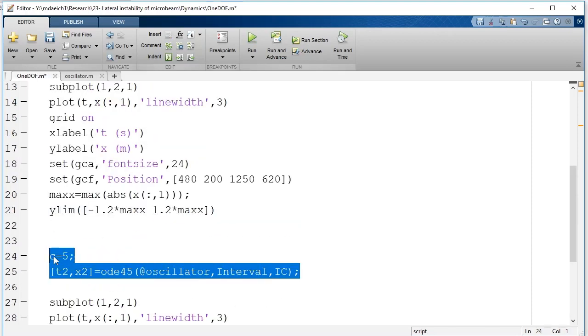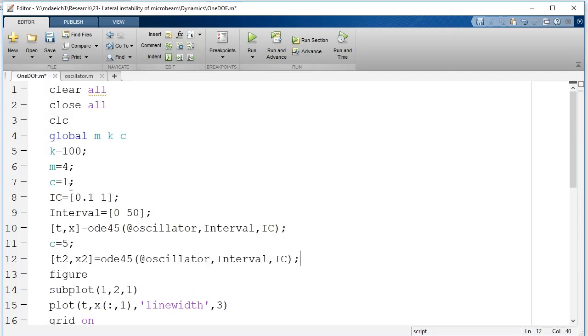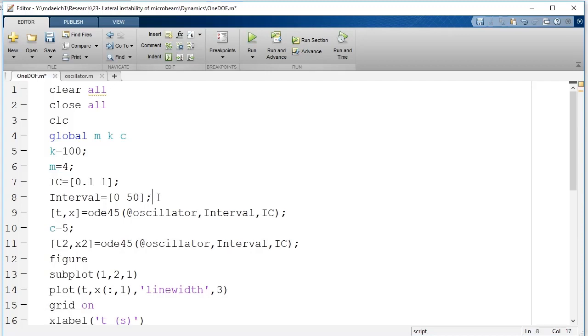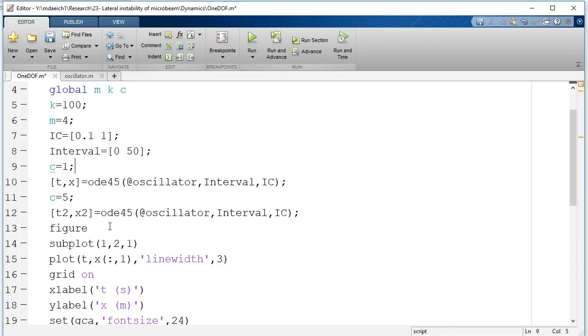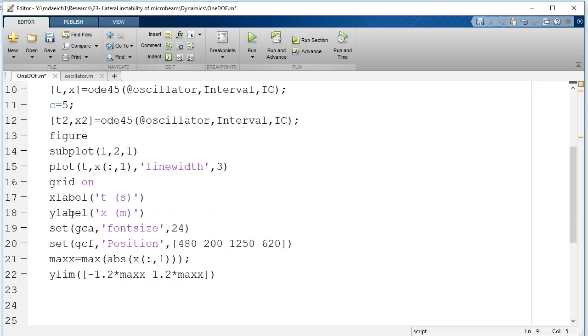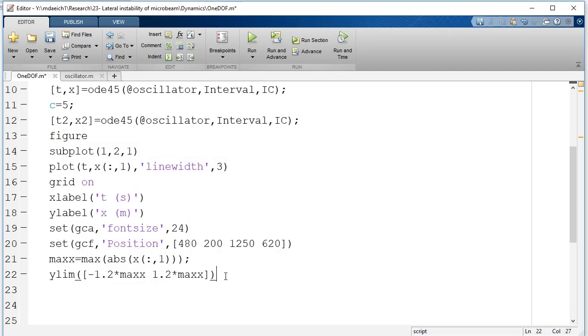I can bring this higher so that we can have everything neat. So this is the first value for C, solving the equation, the second value for C, and solving the equation again. We are storing the results for the first equation as t and x, the second equation as t2 and x2, and let's draw the second subplot here.